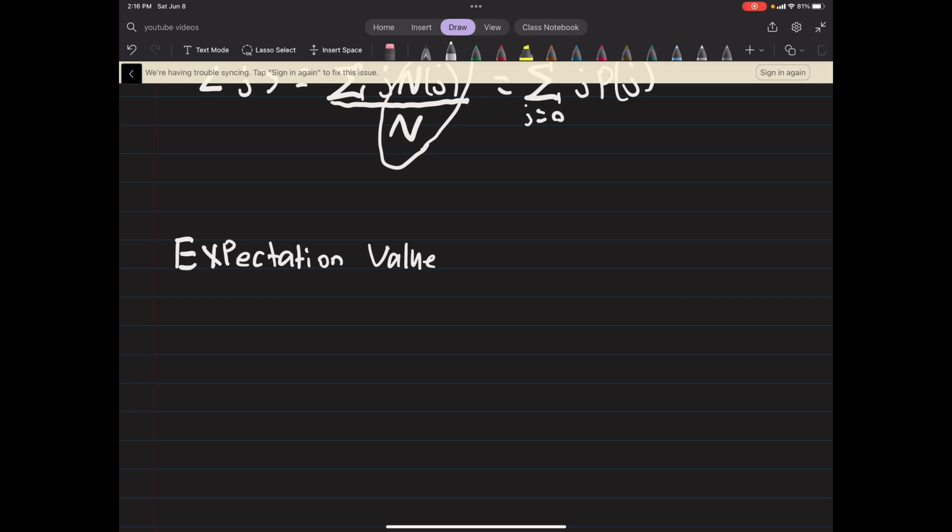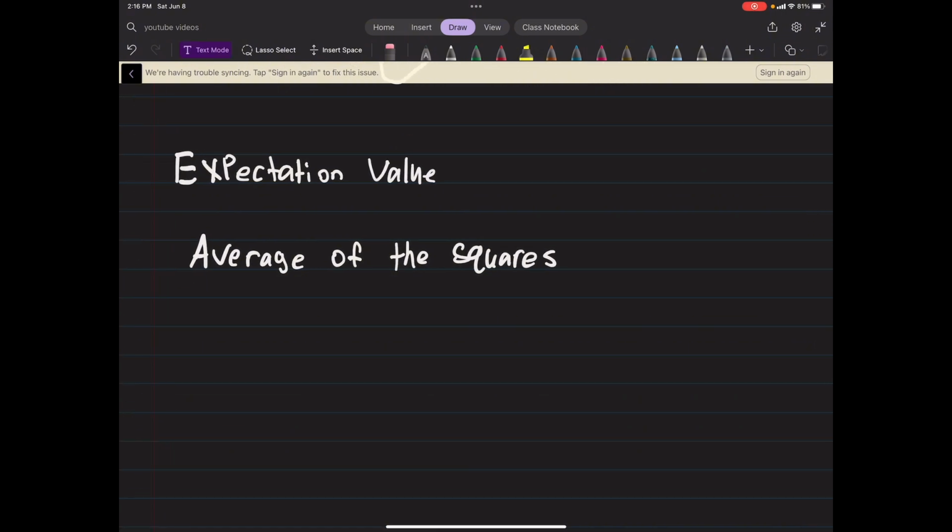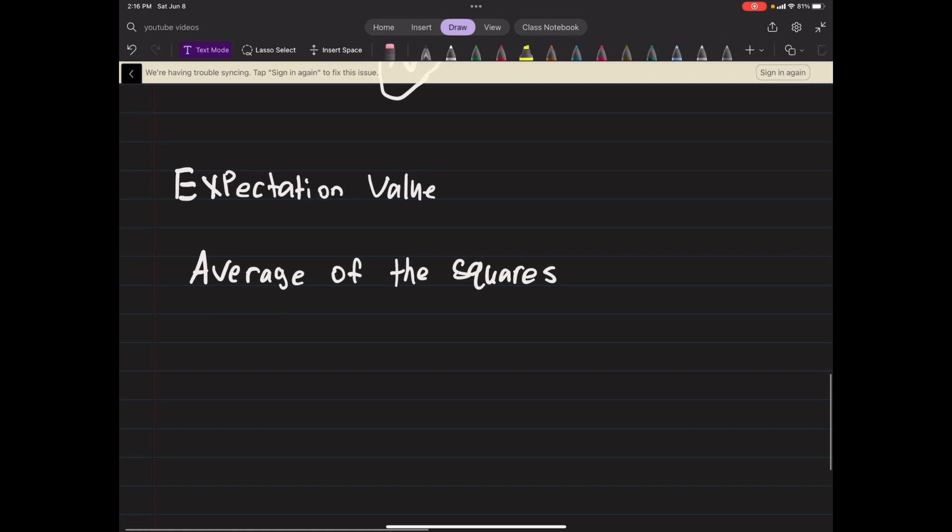Another thing that's important is the average of squares of ages. So we'll just say average of the squares. Okay. And it essentially works just like you would think it would.